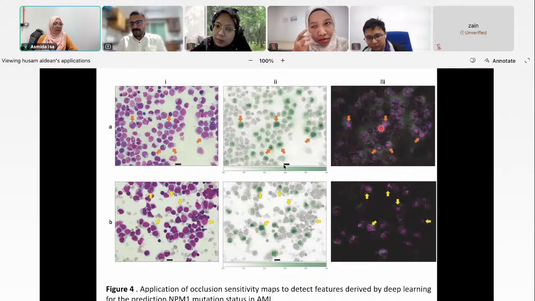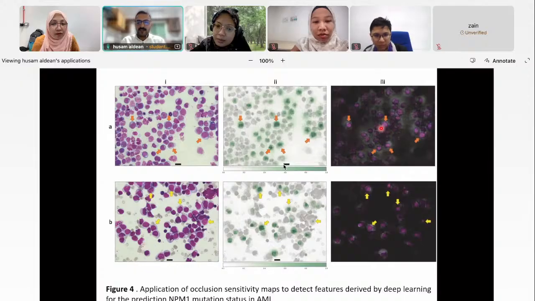Yes, we said that before, because it is about the color of the image and this prenuclear region. So what does the model focus on in these cells?